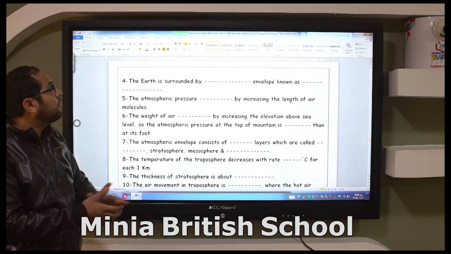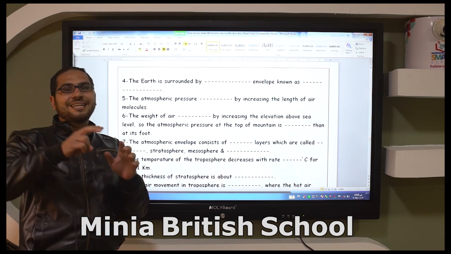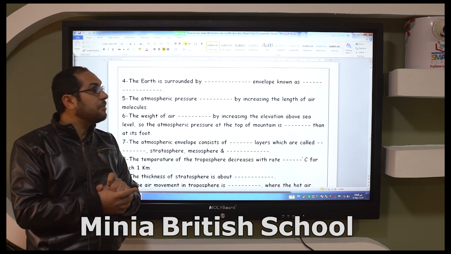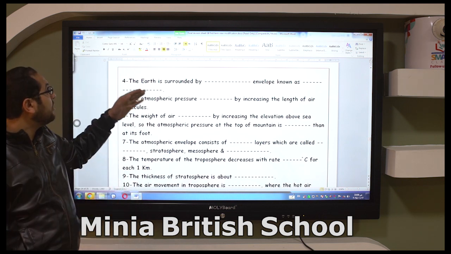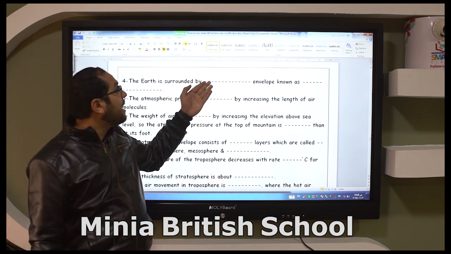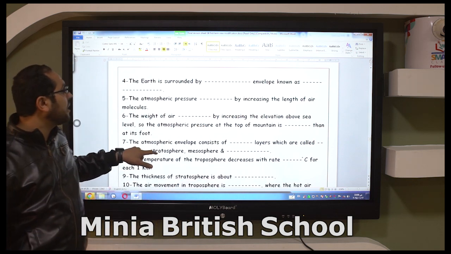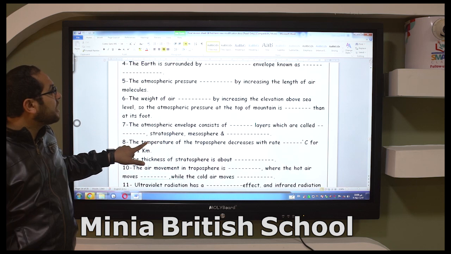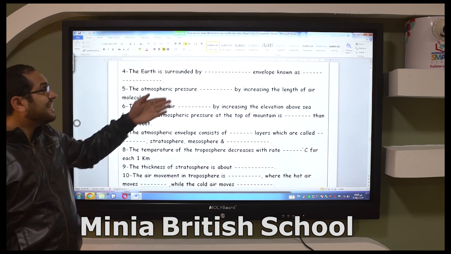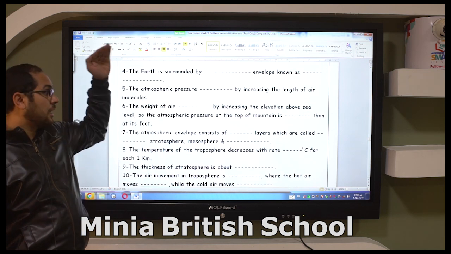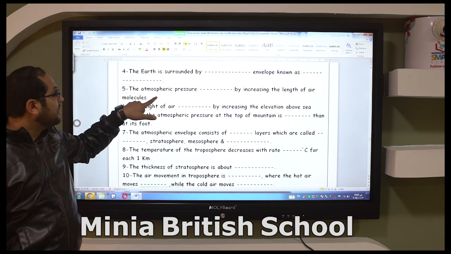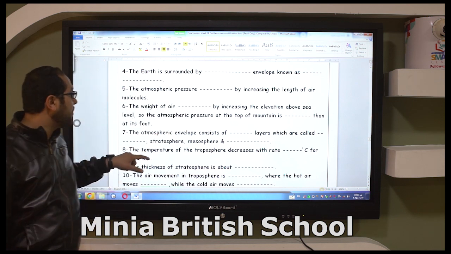Earth is surrounded by two magnetic belts, and by a mixture of gases known as the atmospheric envelope. Does atmospheric pressure decrease or increase when we go high? It decreases by increasing the length of the air column.